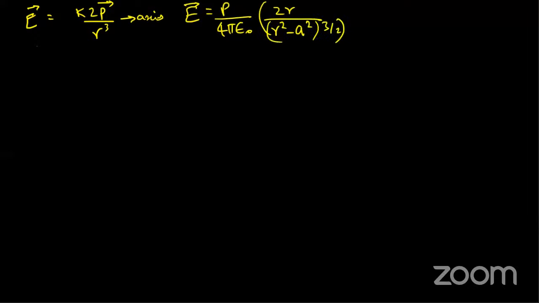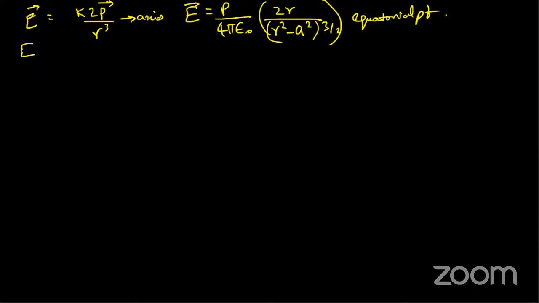For electric field along the perpendicular bisector, I'll write equatorial point, we had E is equal to P by 4 pi epsilon naught into 2R by (R square minus A square) whole power 3 by 2.